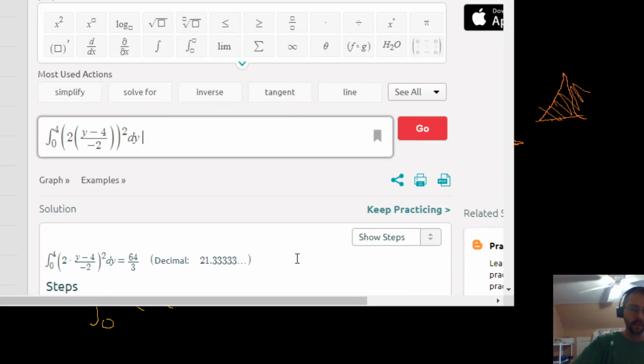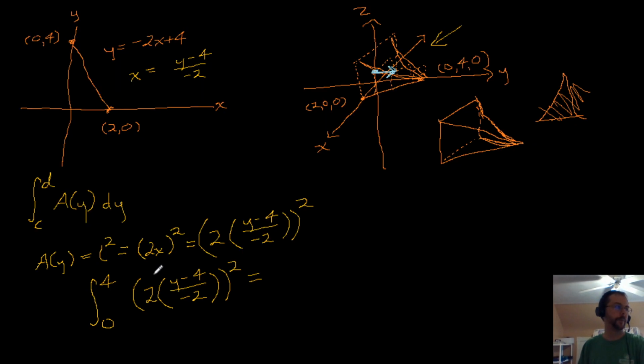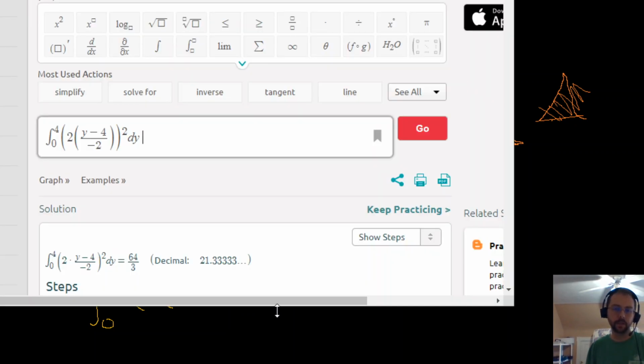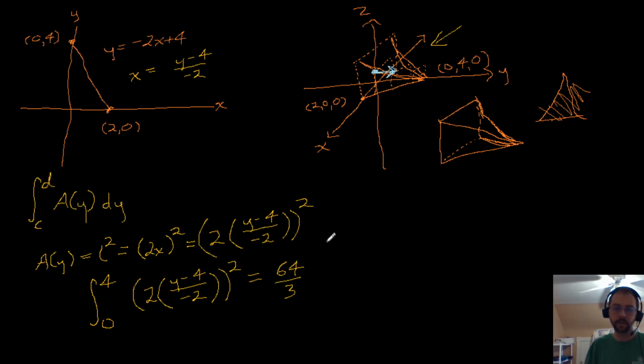So it should be 64 over 3. So our solution is 64 over 3, which as a decimal is 21 1/3, so about 21.3. So this is the volume of this shape.